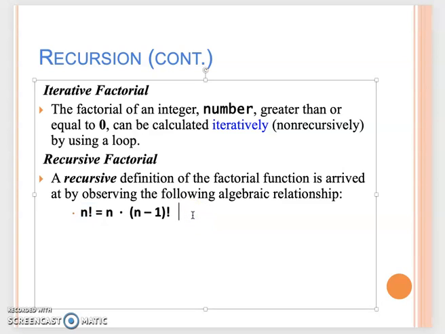So don't you agree? n factorial actually equals n times n minus 1 times n minus 2 until times 2 times 1. So don't you agree? From this part after the n, this one is what? Right, this one is n minus 1 factorial.